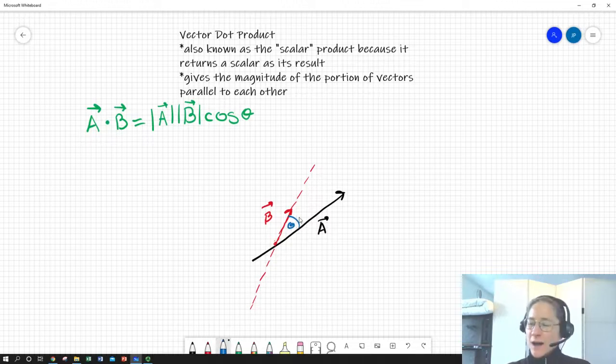What do we know about cosines? It's adjacent over hypotenuse. So if we make a right angle, say here, there's our right angle sign. Vector B is now the hypotenuse, and the cosine of theta is now this, which, doggone it, is parallel to vector A.